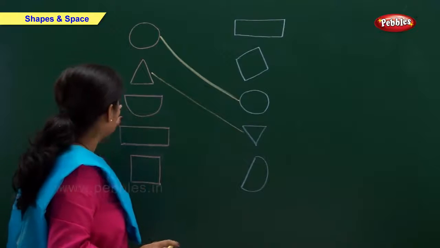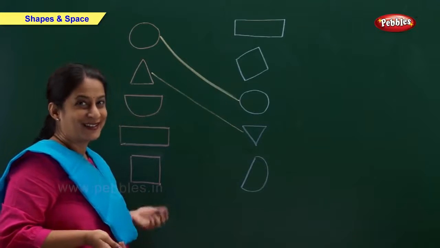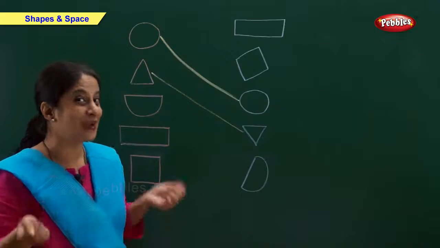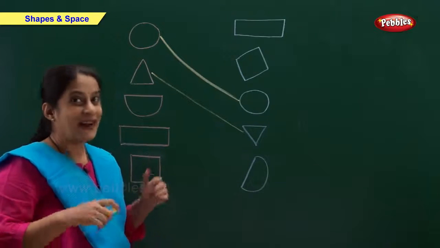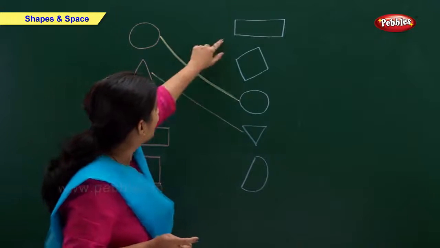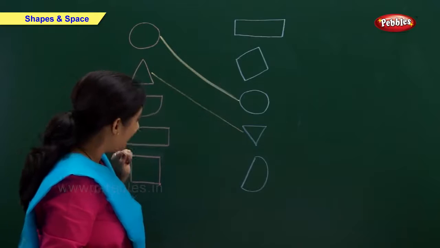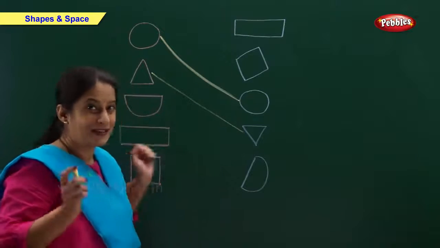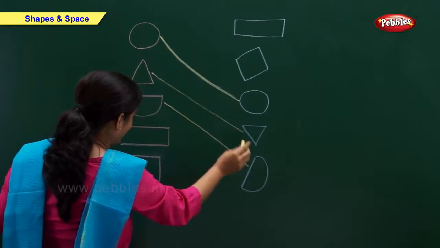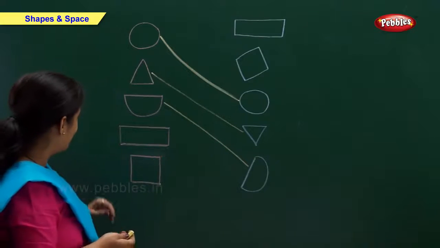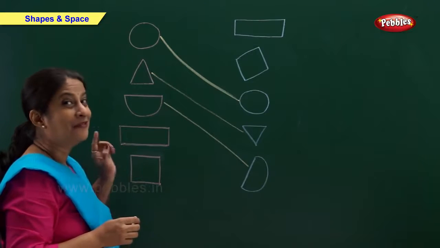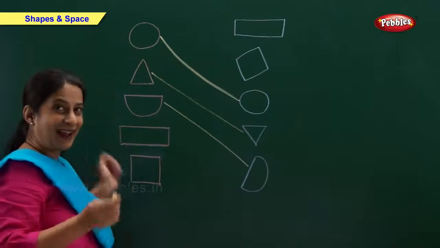Triangle. Which shape is this? Come on, tell me fast. Right, it's a semicircle. So let's find semicircle and match. Rectangle, square and a semicircle. And now we have a rectangle.